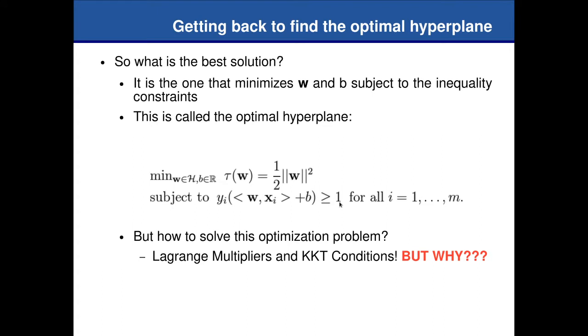If you don't want to see this yi over here, you can just pass it to the other side and imagine I have to be greater than or equal to a given number on the other side. If it's positive, greater than or equal to +1. If it's negative, it should be smaller than or equal to -1 over here.